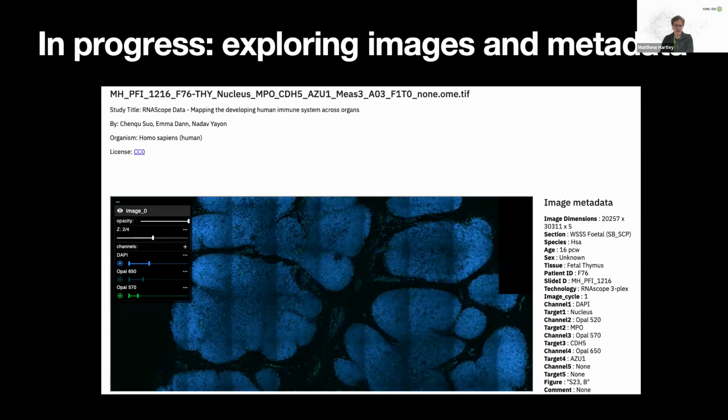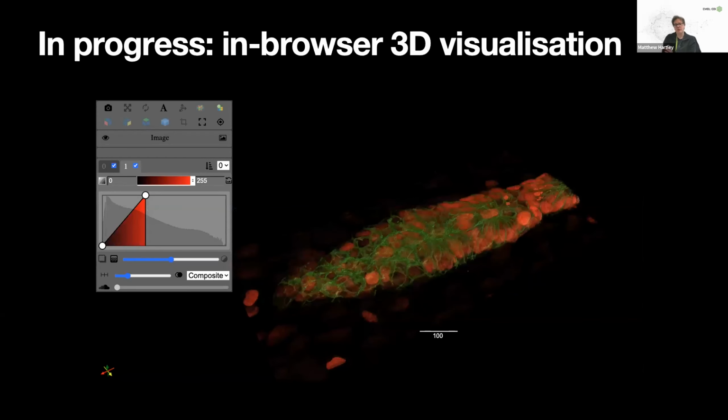Briefly, before we go into specifics, a couple of things that we're actively working on because they're partly the carrot in the reason why you might want to deposit data. We're looking closely at how we make data interactively visualizable and explorable using modern tools and file formats, which you'll hear about later on, in browser. So actually it's screenshots of the interactive visualization app together with metadata in not just 2D, but also 3D for appropriate data sets, because very often the things we do are interesting in 3 dimensions and also 3 dimensions over time.